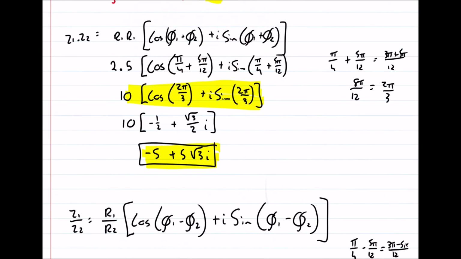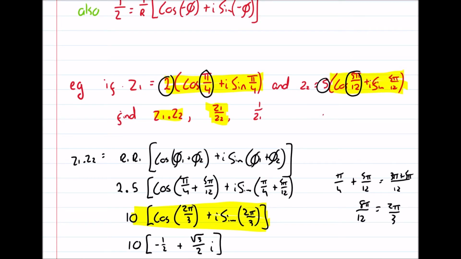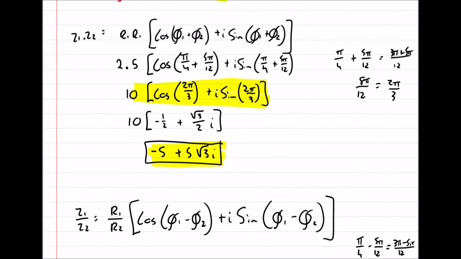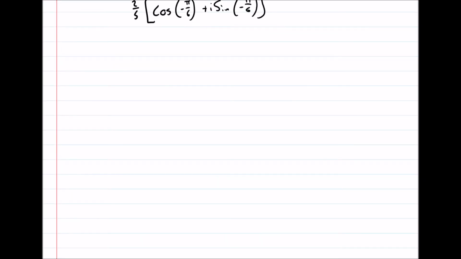Okay, last one then. We want to find 1 over Z1. So 1 over Z1 equals 1 over the radius, cos minus theta plus I sine minus theta. Okay, and I just know these from just learning them a long time ago, so you need to know them as well.